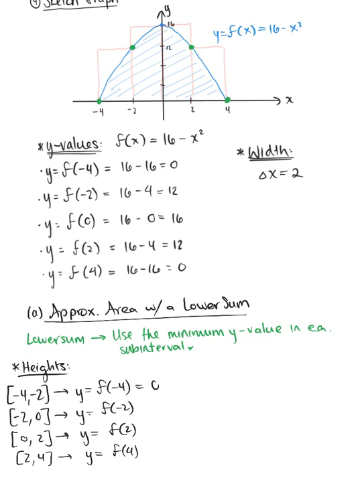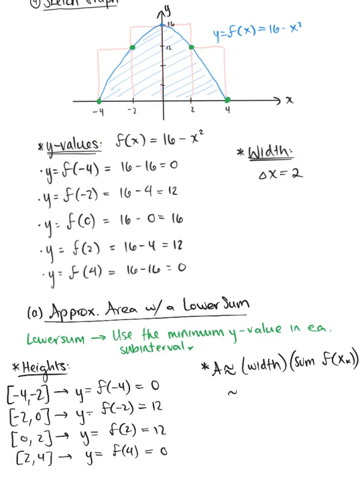So this is going to be 0, 12, 12, and 0. So we'll take these heights and we'll approximate the area. So we can say that the area is approximately equal to the width multiplied by the sum of the heights. And I'll say the sum of those f of x sub k, the sum of those heights.